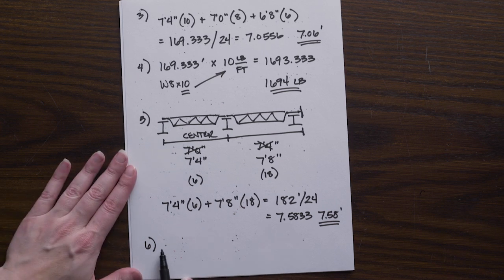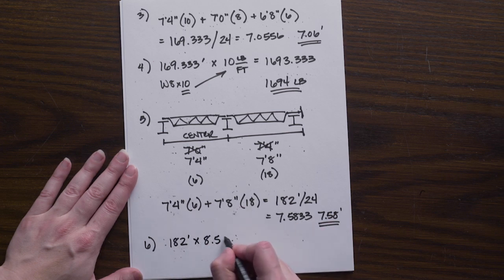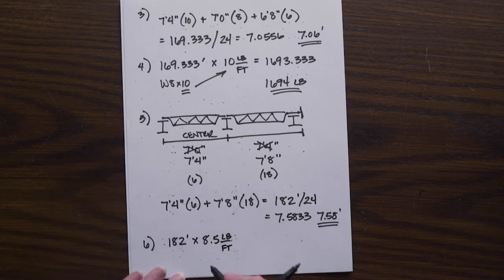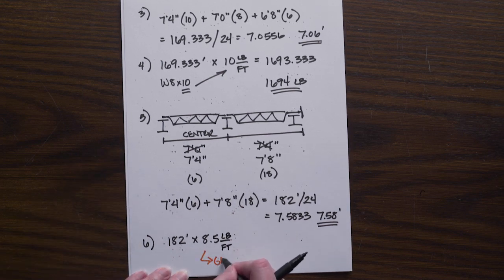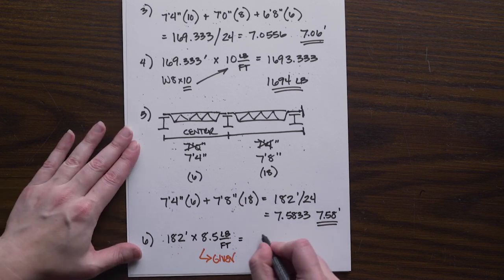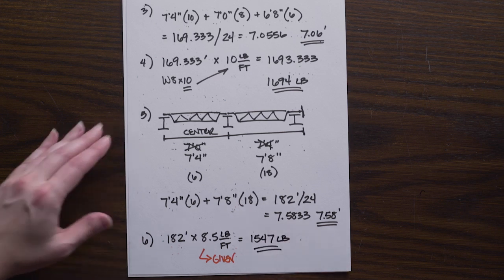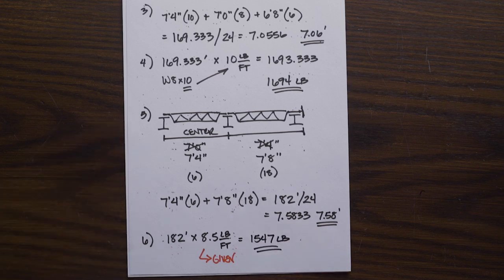So we have to know or look up in a table what that weight per foot is. But if we have our 182 total lineal footage times 8.5 pounds per foot, so again, this is given to us, we can total up and see we have 1547 pounds as the total weight for our steel joists.